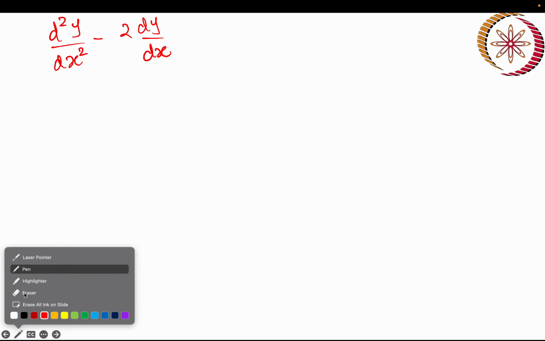So you can see that d minus 3 and d plus 1 times y is equal to 0. So these are the roots, and we can write y is equal to c1 e raised to 3z plus c2 e raised to minus z, and x is equal to e raised to z.